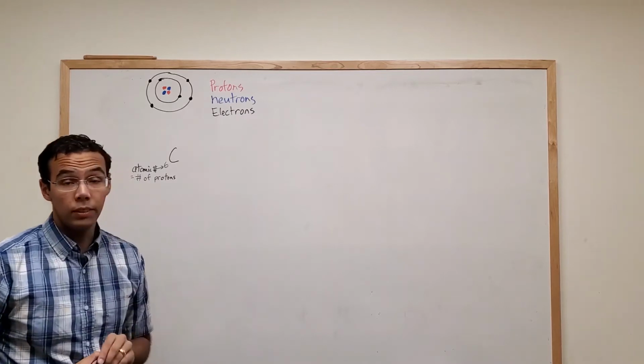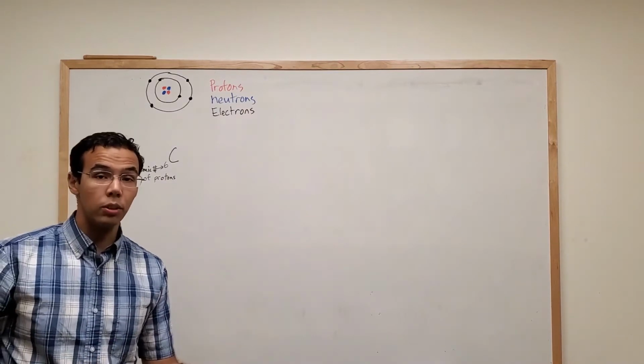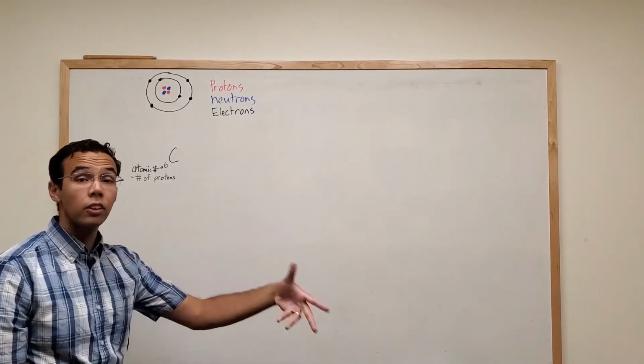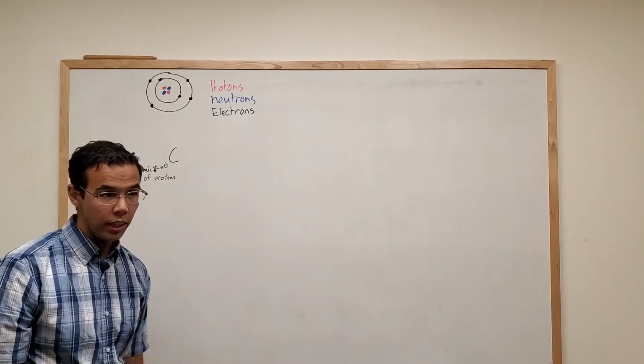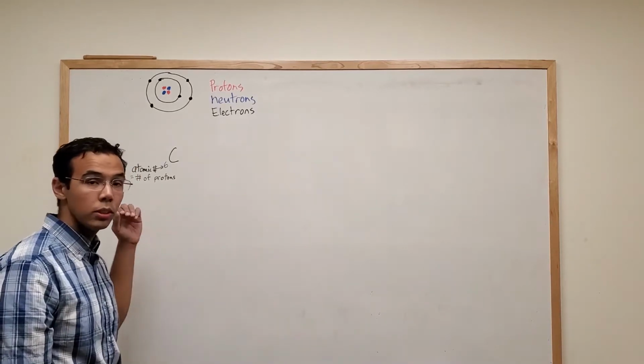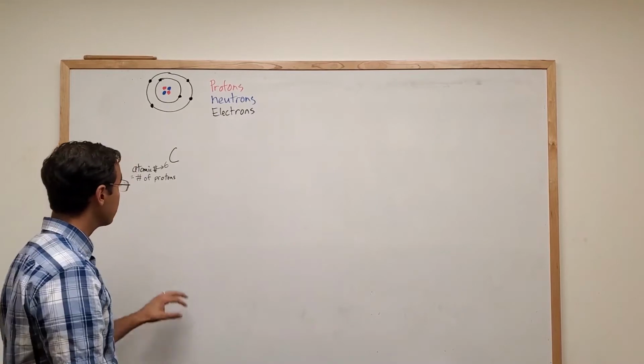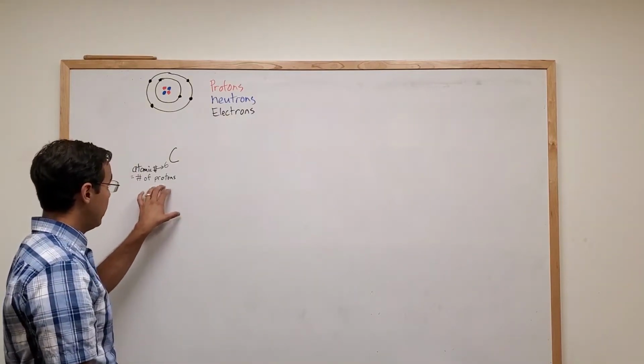If something has more than 6 protons, say 7 protons, then we know it's not a carbon atom, it must be some other atom. In the case of 7, it'd be nitrogen. Similarly, if there were 5 protons, we'd know it'd be boron instead of carbon. Okay, so that's the atomic number.